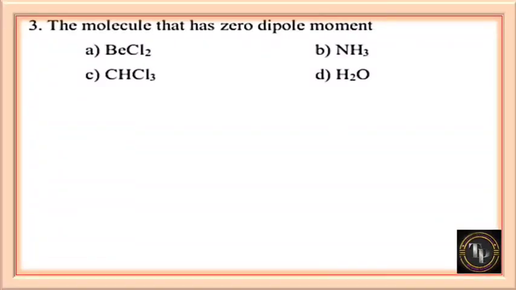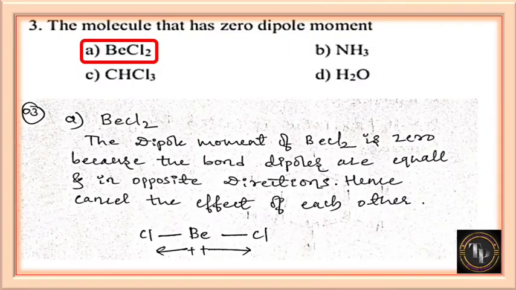Third question, the molecule that has zero dipole moment. See, dipole moment is 0 means the molecule should be linear. Among the following 4 options, you can easily predict which is linear. Barium chloride, simple. See why. The dipole moment of barium chloride is 0 because the bond dipoles are equal.